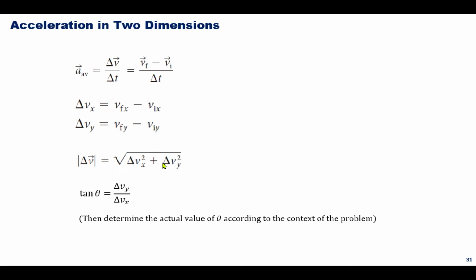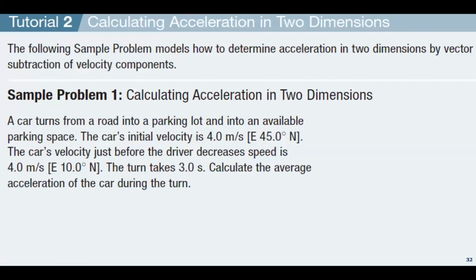Now let's have a look at a concrete example to illustrate this concept here. Okay, consider this problem here. A car turns from a road into a parking lot and into an available parking space. The car's initial velocity is 4 meters per second.